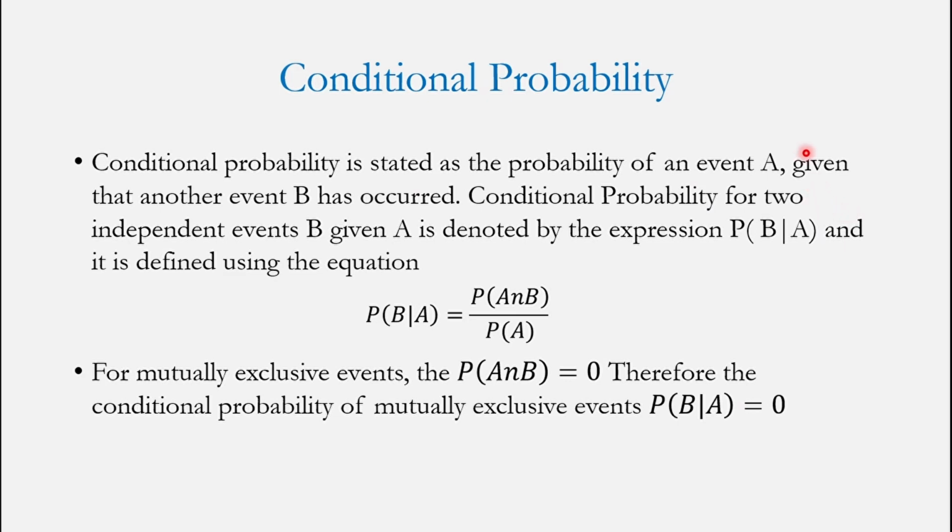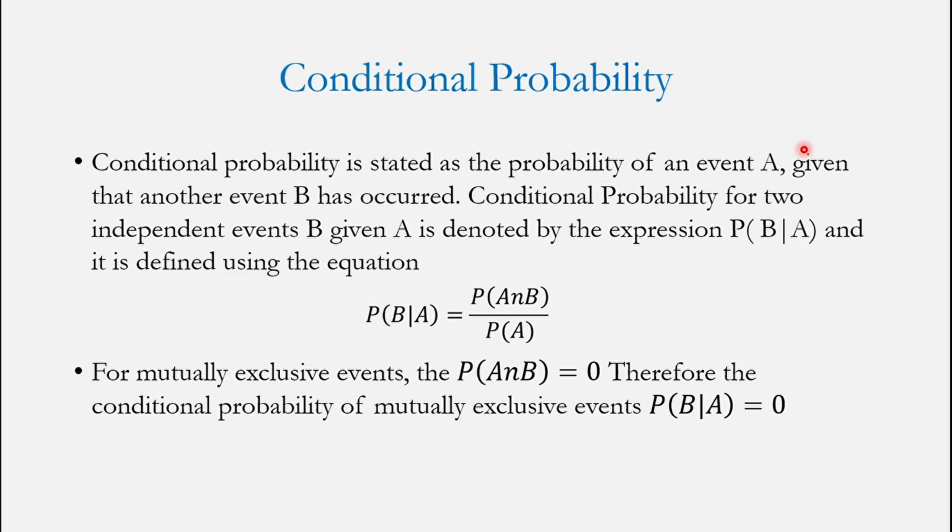The final term that we're going to define in this first video is conditional probability, and it's stated as the probability of an event given that another event has occurred. So we are conditioning an event on another event having occurred.